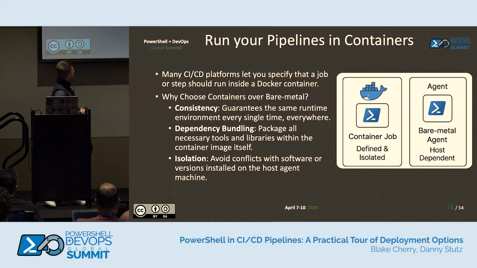Dependency bundling, again, you can make sure all of your dependency packages are defined in code, typically through a Dockerfile, which we'll talk about here in a moment. Making sure all of the necessary dependencies are available for you when running your scripts. And then lastly, isolation. So it's helpful to run in a container environment to avoid conflicts with other software on the agent or versioning concerns that could also come up in the same context.